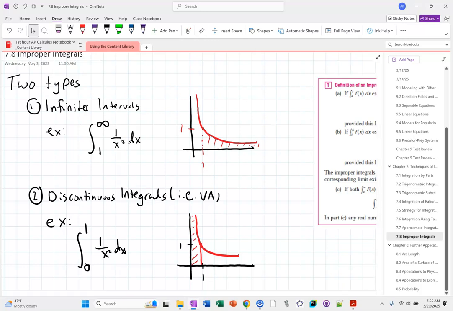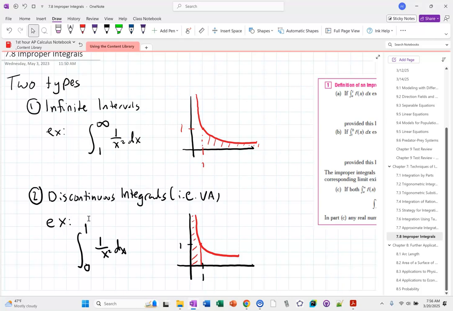There are the infinite ones where one of the bounds is infinity, and then the ones that are tougher to catch, which are the ones at a vertical asymptote. We call those discontinuous integrals. It only matters if it's at a vertical asymptote. If it's at a jump or a hole, those don't matter. You can just integrate as if the hole's not there, or integrate to the end of one piece at the jump and then the start of the next, exactly the way you would think.